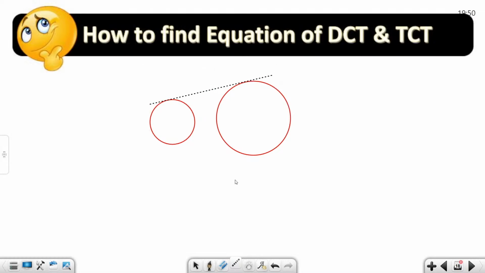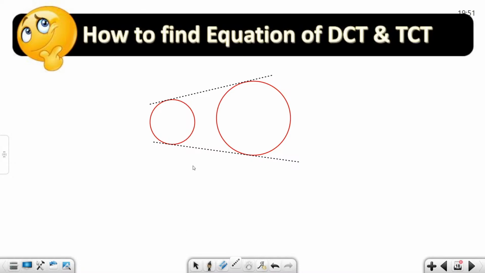One is this and another one is this. So these are the two direct common tangents. Now we are finding out the equation of these direct common tangents.